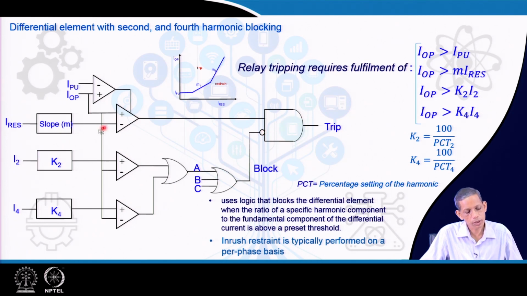This portion is from the normal differential relay perspective, and this portion is from the second and fourth harmonic perspective, which ensures an inrush situation. However, if this percentage becomes much smaller, then it is not inrush at all and this is an internal fault, and in that case the relay will go for a trip decision.